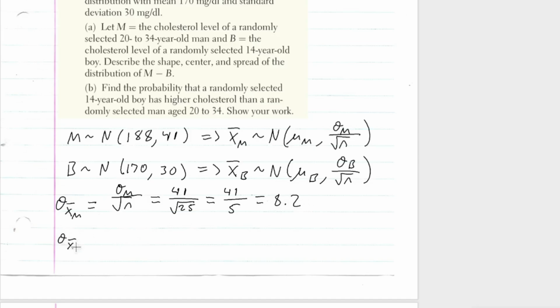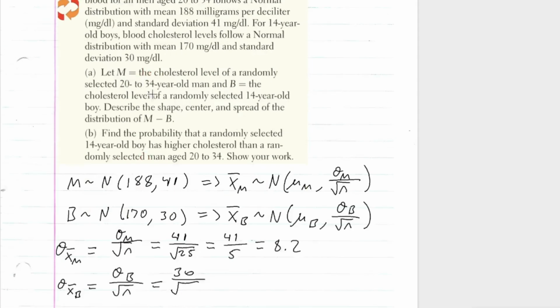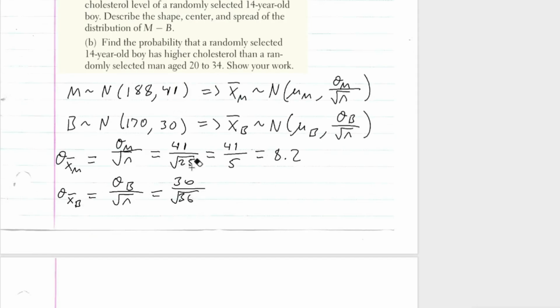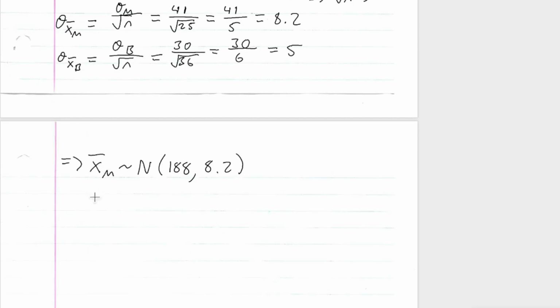And the standard deviation of x bar b is the standard deviation of b, 30, over the square root of 36 boys, so 30 over 6, which is 5. So x bar m is normal with a mean of 188 and standard deviation of 8.2, and x bar b is approximately normal with a mean of 170 and a standard deviation of 5.